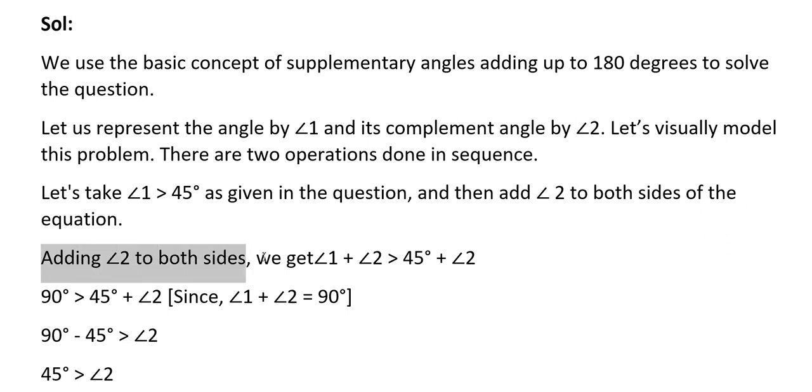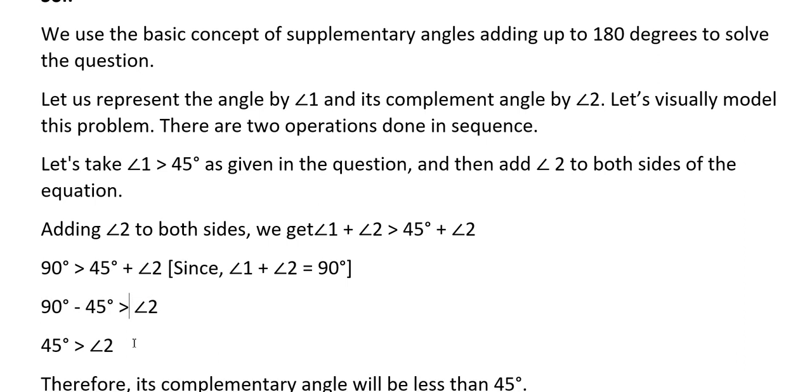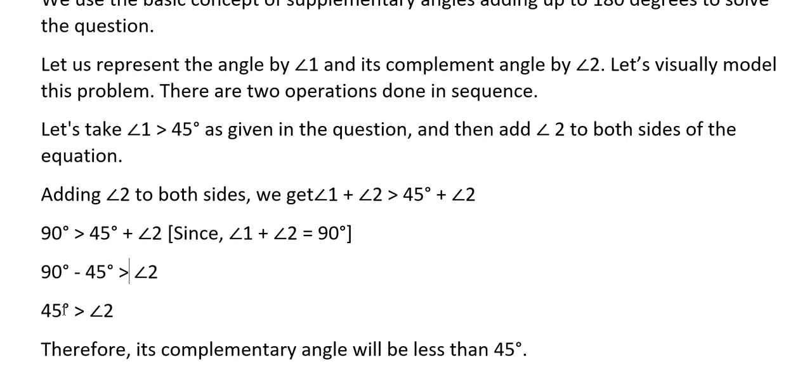Adding angle 2 to both sides, we get angle 1 plus angle 2 greater than 45 plus angle 2. Angle 1 plus angle 2 is equal to 90 degrees, so 90 is greater than 45 plus angle 2. So 90 minus 45 is greater than angle 2, so 45 is greater than angle 2. Therefore, its complementary angle will be less than 45 degrees.